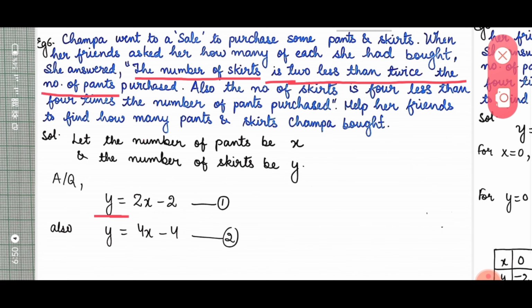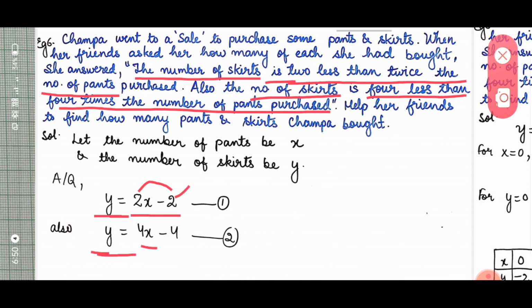So mathematically it would be written as 2x minus 2, right? Similarly, there is another statement, the number of skirts. So make the equation y, the number of skirts, is equal to 4 less than 4 times the number of pants purchased.